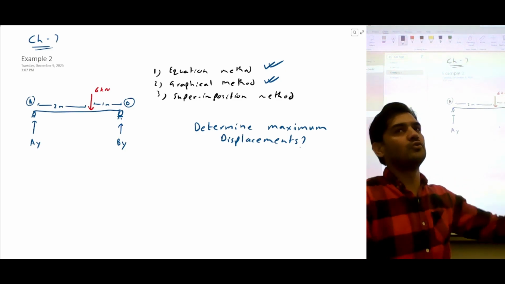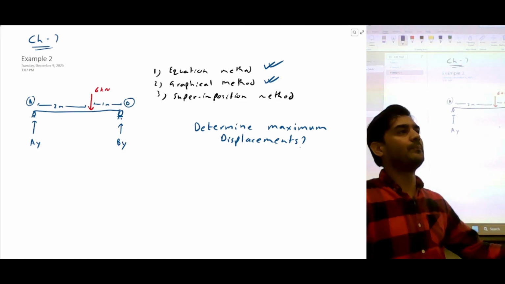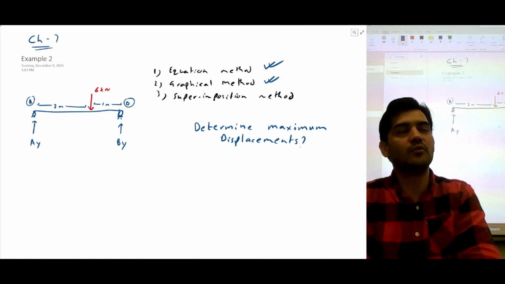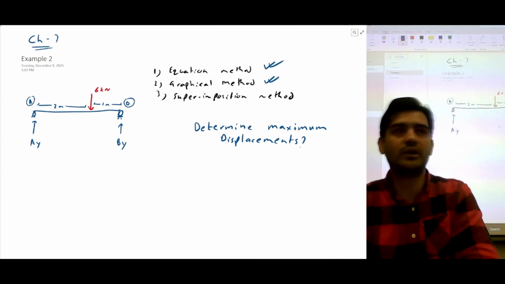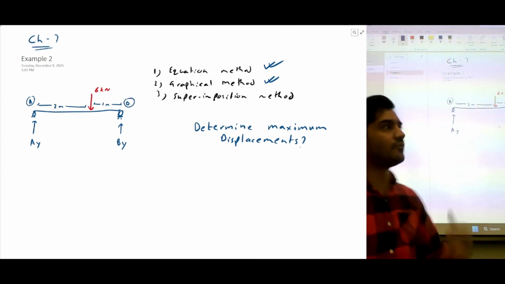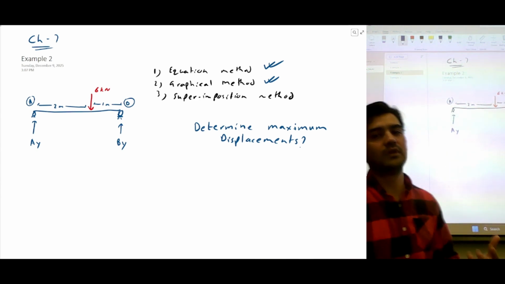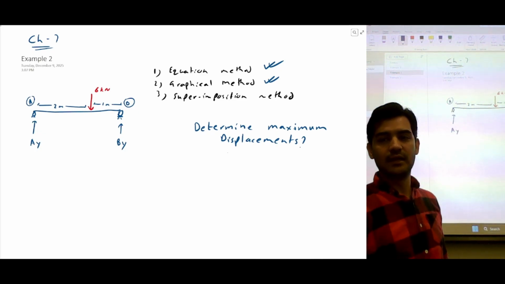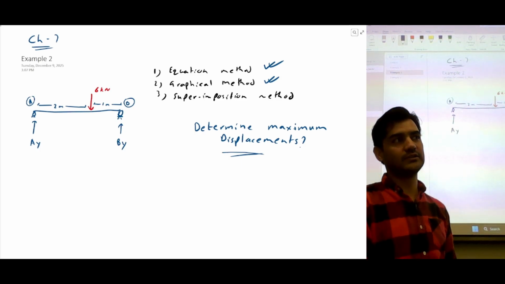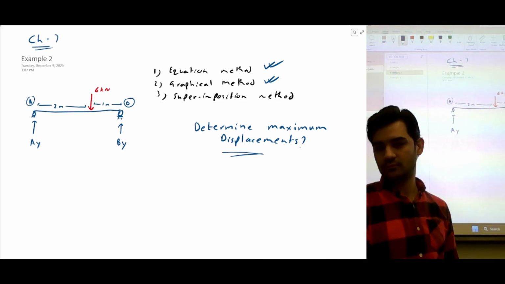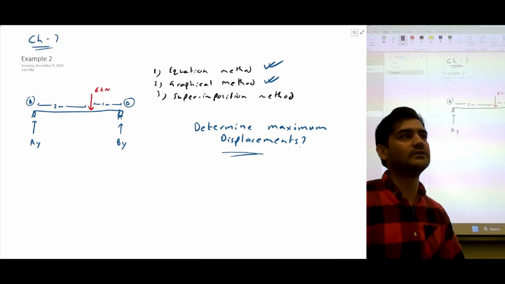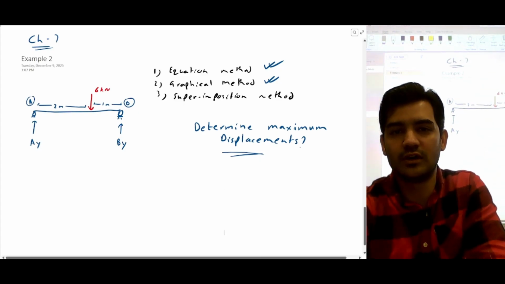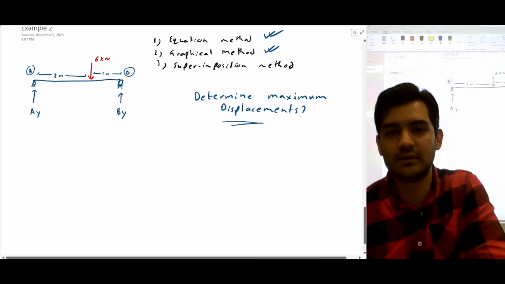And once we have all those equations, then we can simply plot and we can draw shear force diagram, bending moment diagrams, bending angle diagrams, and we can also draw the displacement diagrams. And from those diagrams we can figure out where we are getting the maximum displacements, and that's gonna be the answer for this question. So we already know the process, we already know the steps, so I'm just gonna start working on this example.